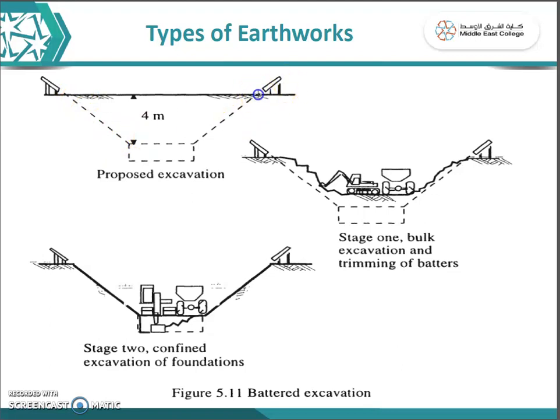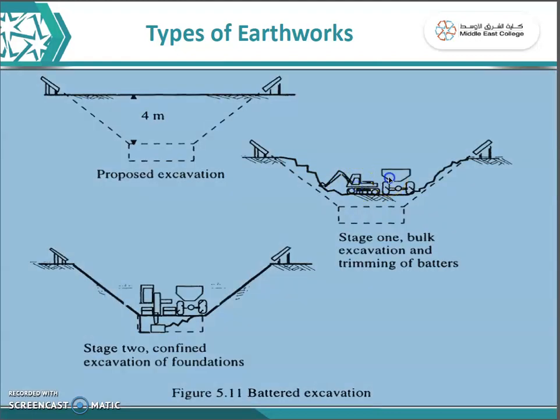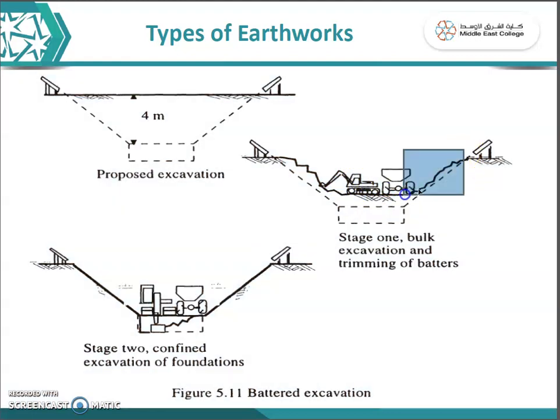So in this condition, rather than excavating like this as a confined excavation, they started using this battered 1 in 2 slope. You can see the first stage here, they are excavating it irregularly using this backhoe and a truck, and these are called travelers, which will guide you on the slope.